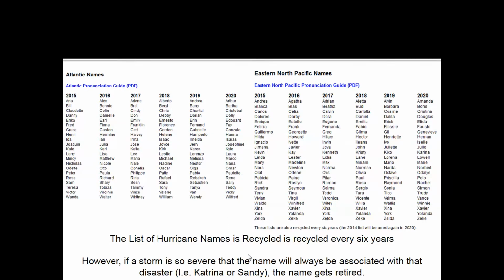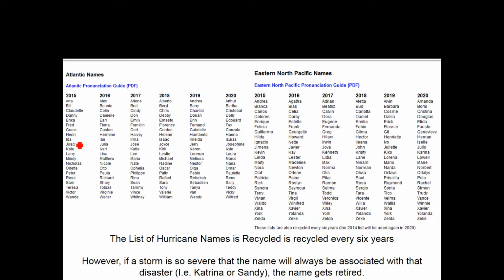So rather than coming up with a brand new list every single year, the National Hurricane Center actually recycles these names. For example, there was a list in 2015 that started with Anna, Bill, Claudette, Danny, Erica, Fred, Grace, Henry, and so on. And usually the way these lists work is they alternate from male to female. So female, male, and so on.